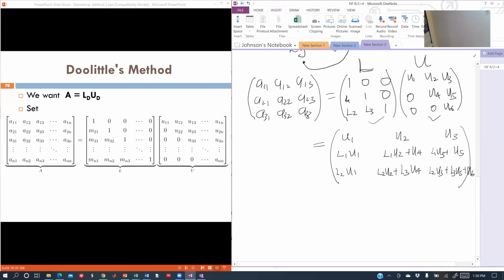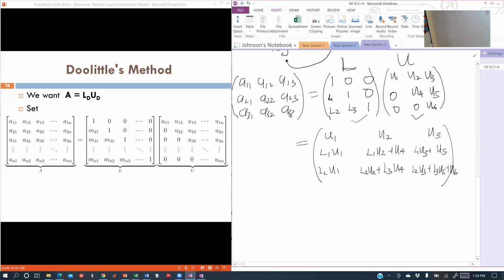So you see, this matrix and that matrix are equal. So what do we say? U1 is equal to A11. U2 is equal to A12. U3 is equal to A13. Then this particular one is equal to this one. By that time, we will know U1, so you can find L1. Then you come to this one equal to that one. By that time, we know U1, so you can find L2.